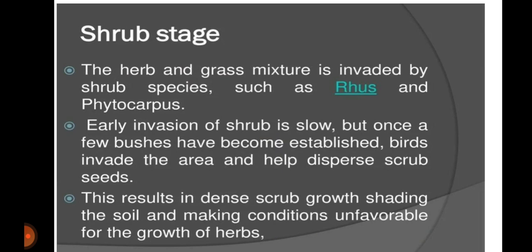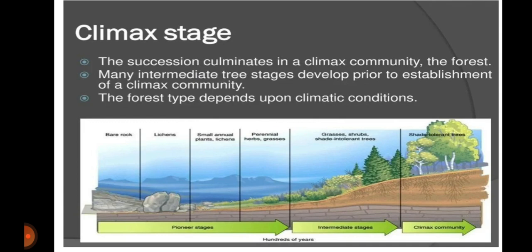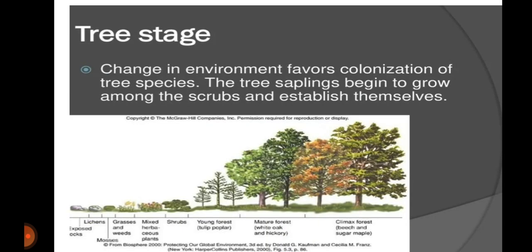These in turn are finally replaced by the trees which make up the climax community. So the last stage is the forest or climax stage, also called the tree stage.